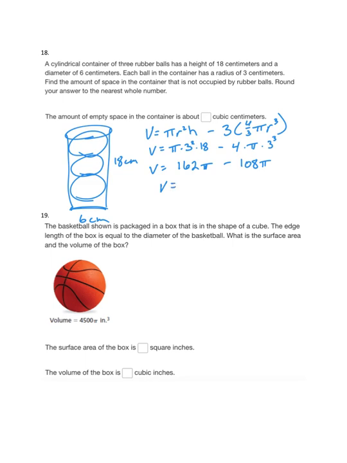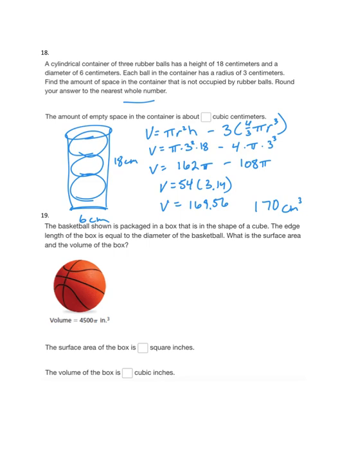So our volume is 54 pi. And we'll go ahead and use 3.14 for pi. And we get 169.56. So if we round to the nearest whole number, that's 170 cubic centimeters is the amount of space in between the rubber balls.